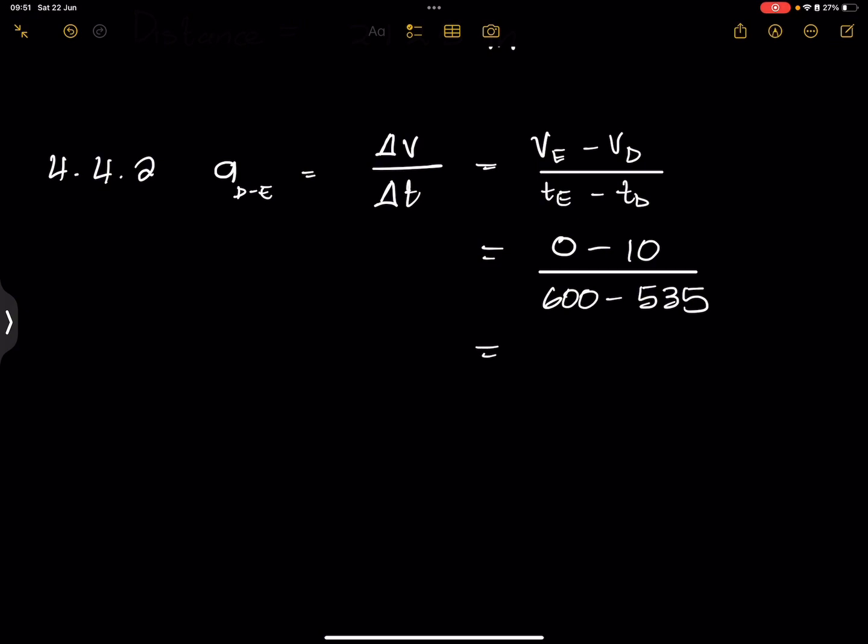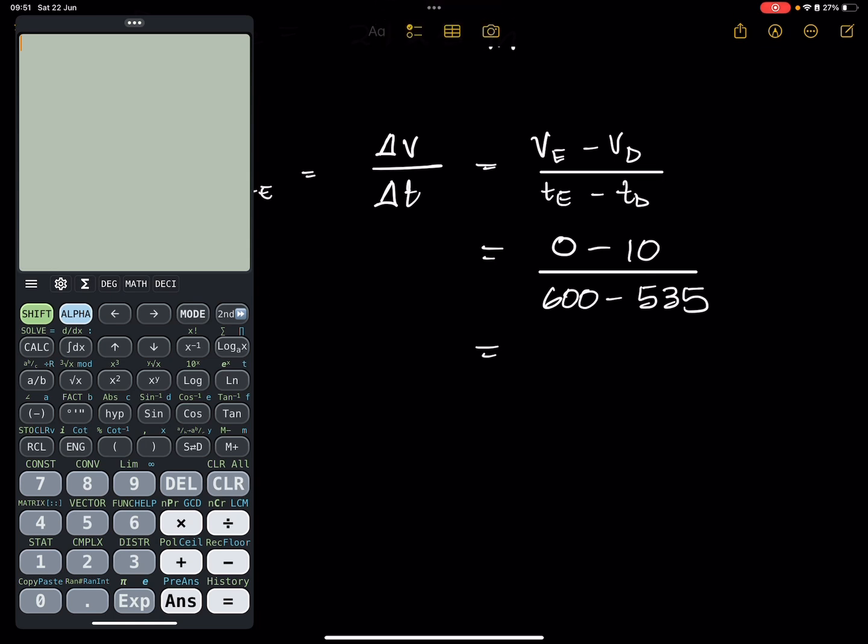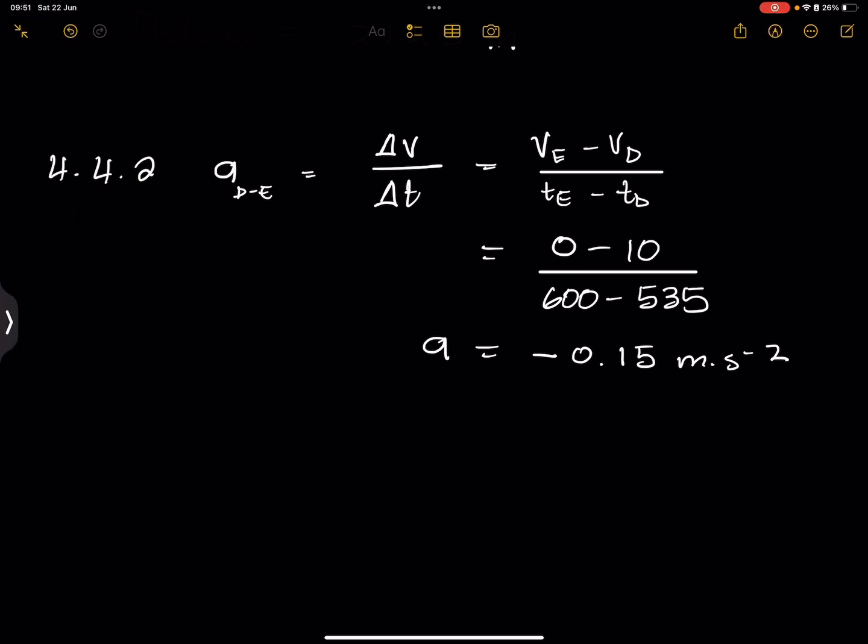So let's do that quickly. That's 0 minus 10 divided by 600 minus 535, and we get an acceleration of negative 0.15 meters per second squared. Notice this acceleration is negative, but she is still heading northwards. So what does this tell us?